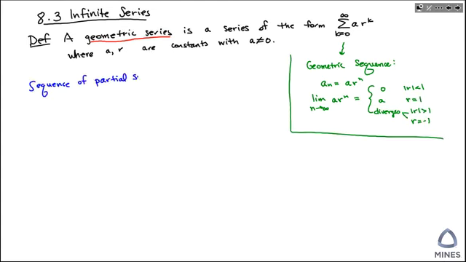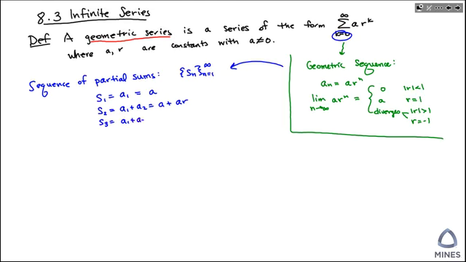Now let's say that S sub n denotes the corresponding sequence of partial sums. Let's write down a few of these. S sub 1 is always a1, which in this case, the first term starting with 0, is just a. S sub 2 is a1 plus a2, which is a plus ar to the 1.